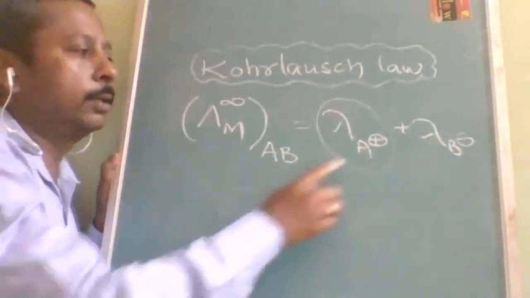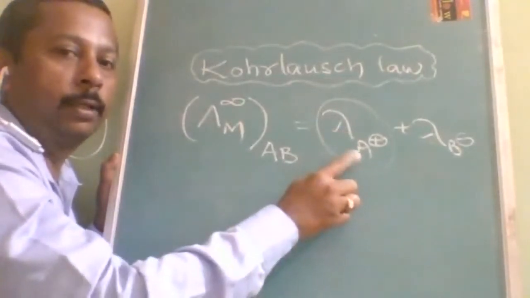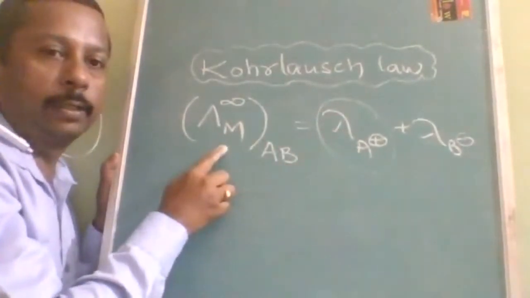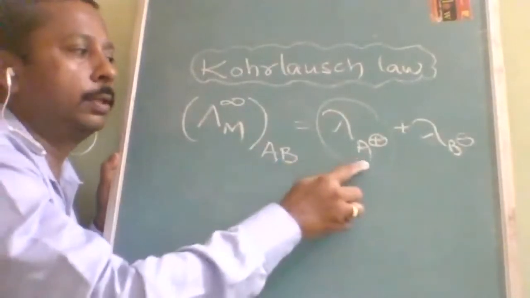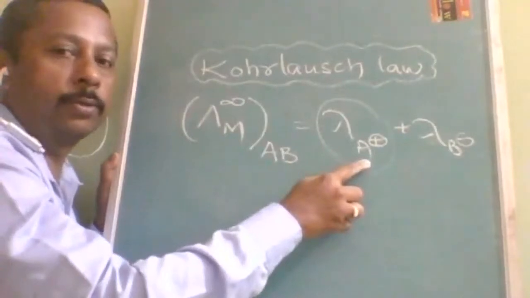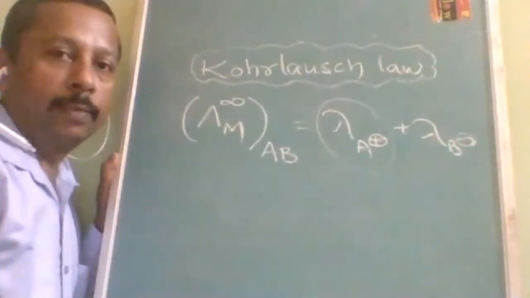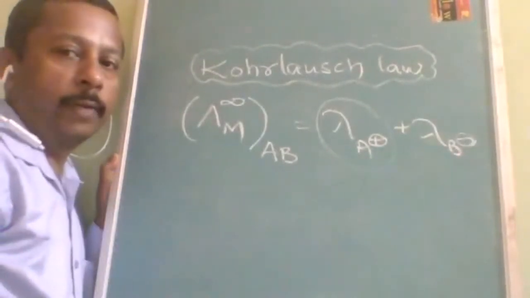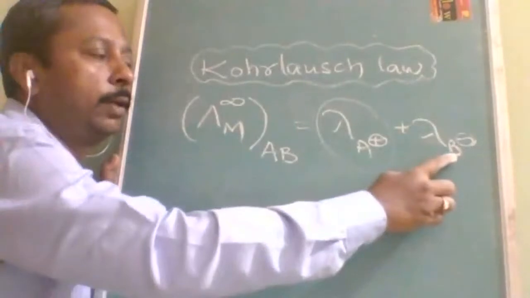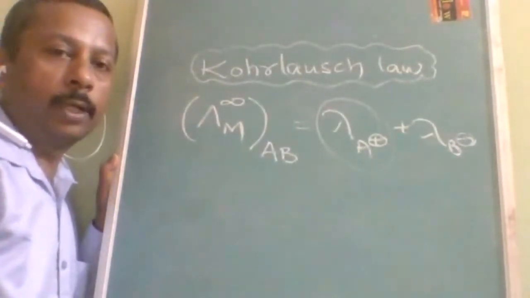This lambda A positive is the ionic conductivity, while the molar conductivity is connected to the entire molecule. This is related to only A positive, and this is related to only B negative. That means its performance is not affected by the negative ion. In the same way, the negative ion's performance is not affected by A positive. That was Kohlrausch's law.